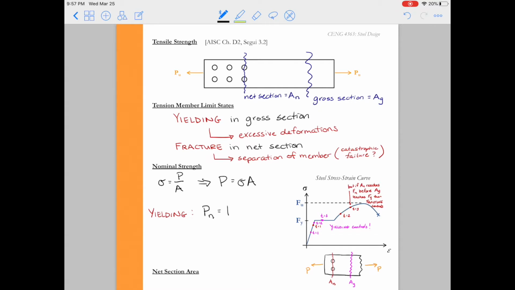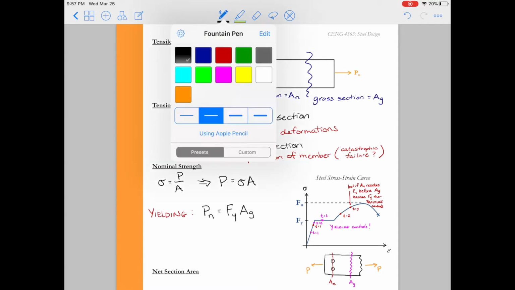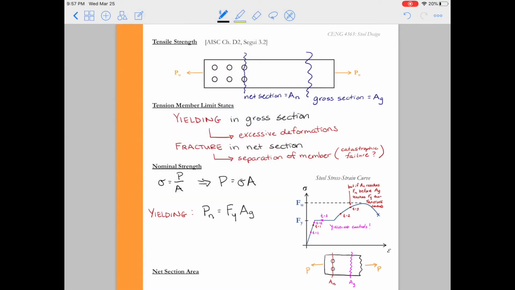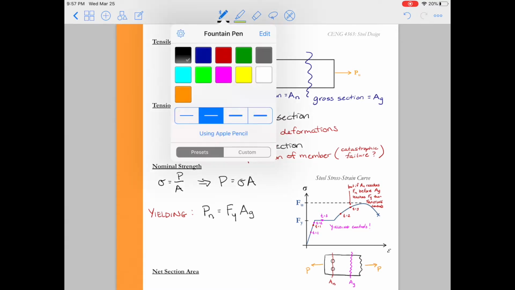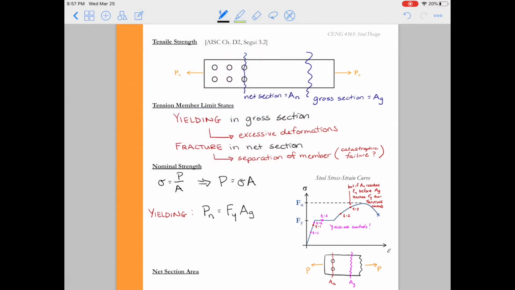So we're looking at the yield stress times the gross cross-sectional area. And as I previously mentioned, the phi, our reduction factor for LRFD, is going to be 0.90 for yielding.